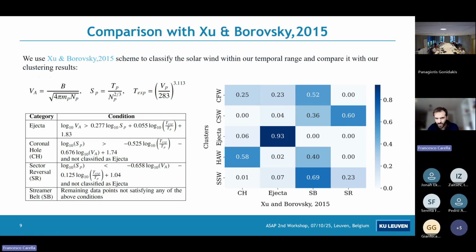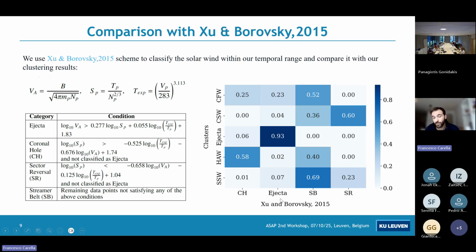As you can see, the coronal origin class of Zuborowski is mostly present in our highly alphanic wind. The streamer belt class of Zuborowski is mostly present in the slow solar wind, and the compressed slow wind is mostly associated with the sector reversal wind.